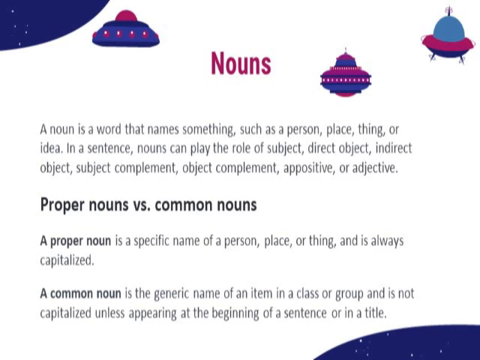And the other kind of noun is a common noun. It is a generic name of an item or of a class or group that is not capitalized unless appearing at the beginning of the sentence or in a title. For example, you mention car. Yeah, this is the generic name of a vehicle, right? So you don't need to write the C in car in capital.